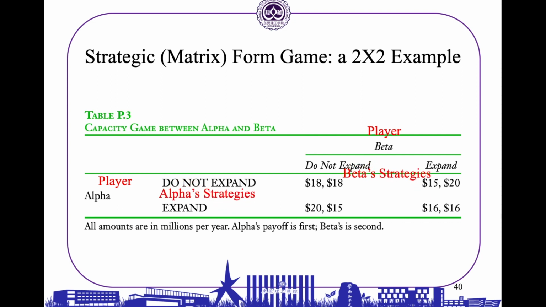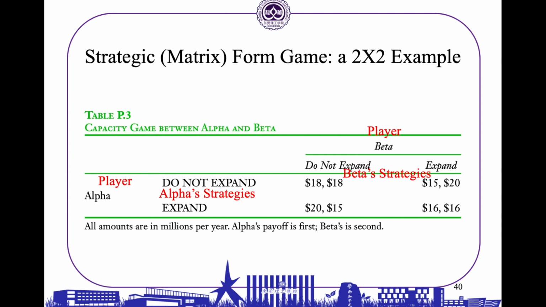Assume that at the status quo, which is that no firm expands, each firm earns $80 million. If they both expand capacities, they will produce more than the efficient quantity, and thus too much will be supplied, so the profits of both firms will drop to $16 million.